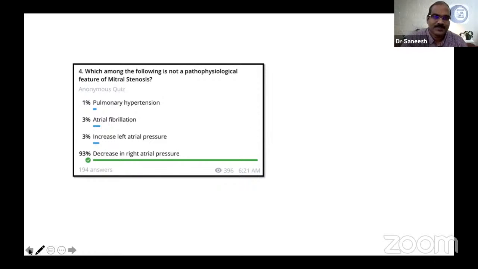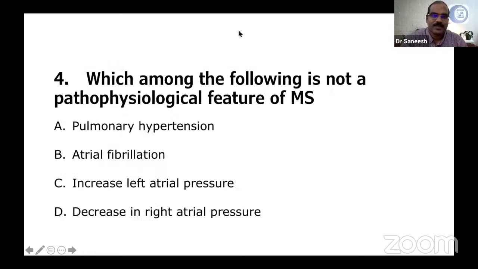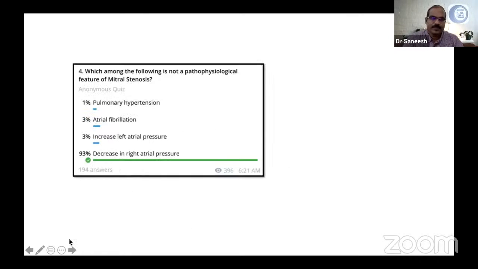So pulmonary hypertension, atrial fibrillation, and raised left atrial pressure are the pathophysiological factors we come across during a mitral stenosis case discussion. Right atrial pressure is basically increased. It doesn't decrease. Okay. So we'll go to the next question.